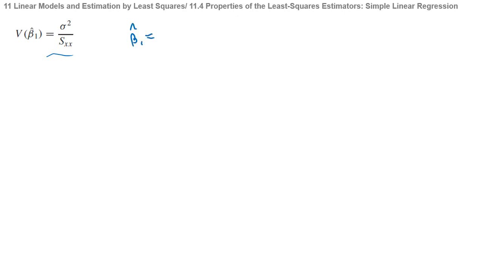Beta 1 hat is Sxy over Sxx, where Sxy is the sum of (xi minus x bar)(yi minus y bar). The random part is here, and this part is not necessary.